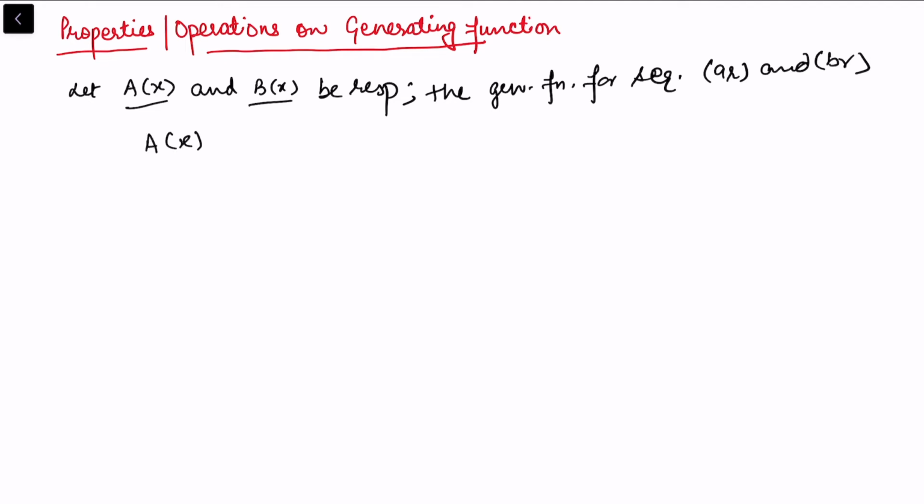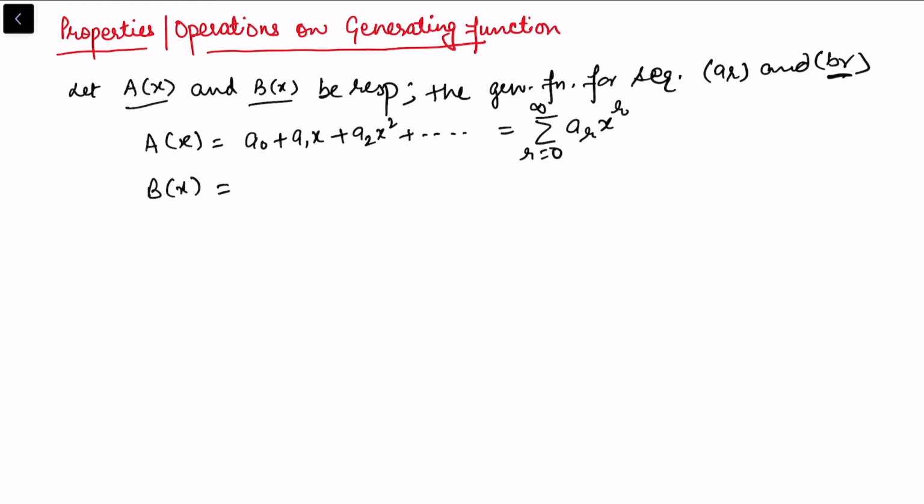We can write A(x) equal to a0 plus a1 x plus a2 x square plus so on, that is the summation of a_r x raised to power r, r varying from 0 to infinity. The second is B(x) for the sequence b_r: b0 plus b1 times x plus b2 x square plus so on, the same as the summation r goes from 0 to infinity of b_r x to the power r.